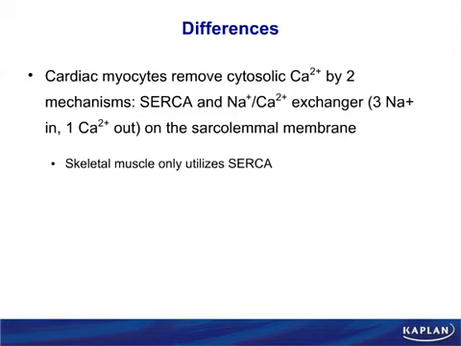Remember, digoxin inhibits the sodium-potassium ATPase. This tends to increase sodium inside the cell, and by increasing sodium in the cytosol, we reduce the activity of this sodium-calcium exchanger. And again, remember, this sodium-calcium exchanger is pumping calcium out of the cytosol into the interstitial space.